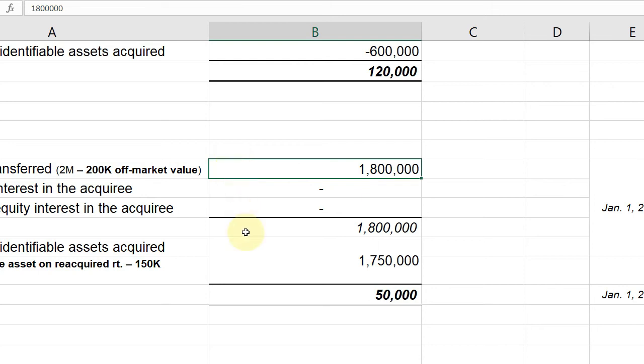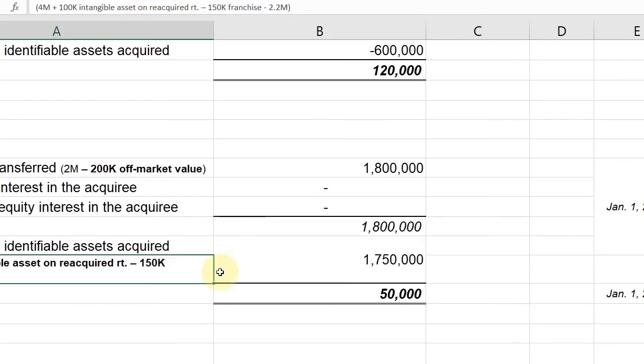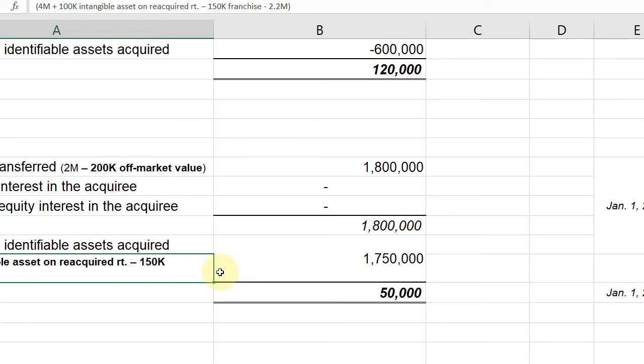Okay? Ma'am, tapos na? No, hindi pa. You need to adjust the fair value of the net identifiable assets kasi sa 4 million, okay, nasa loob niyan yung reacquired right. Okay? At carrying amount pa. So, aalisin mo siya dyan sa loob. Okay? So, alin yung aalisin mo?